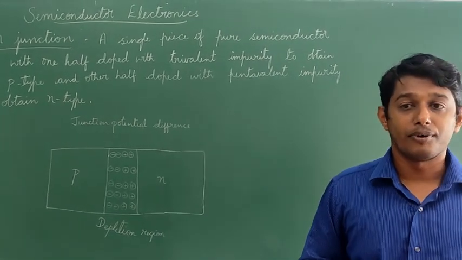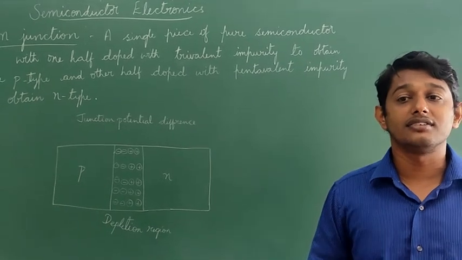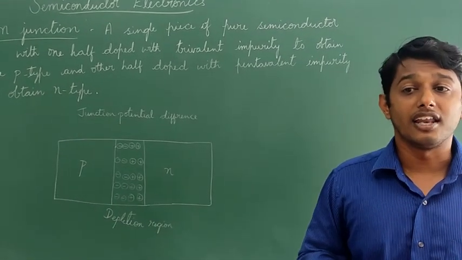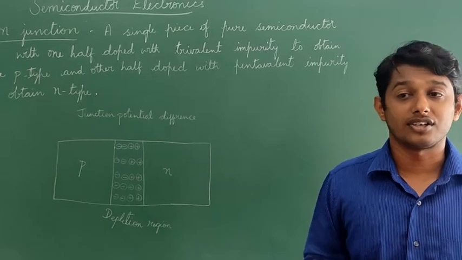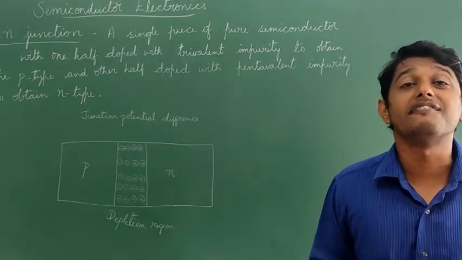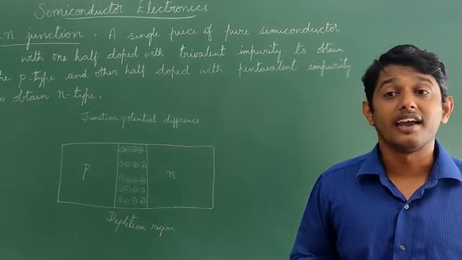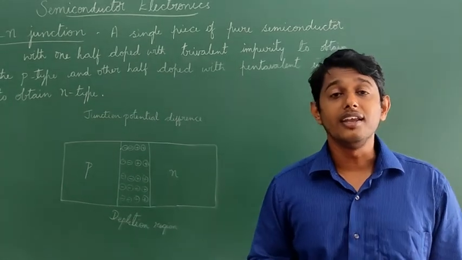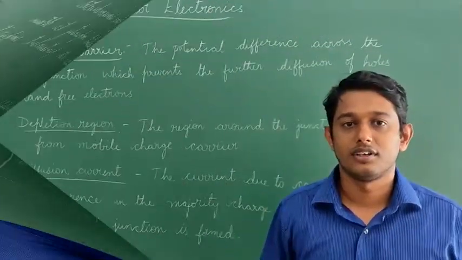The junction potential difference increases with an increase in impurity concentration.